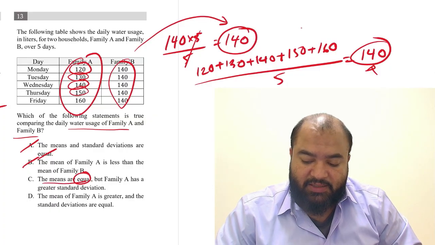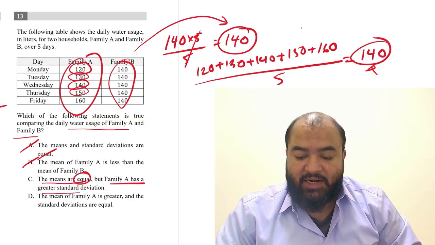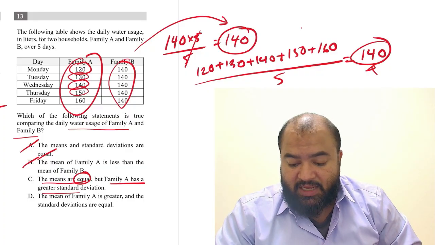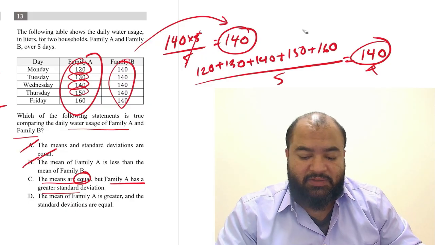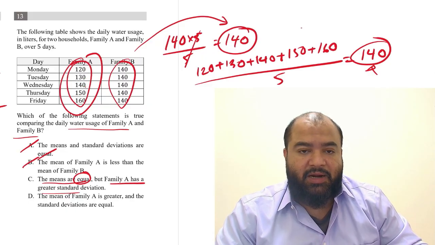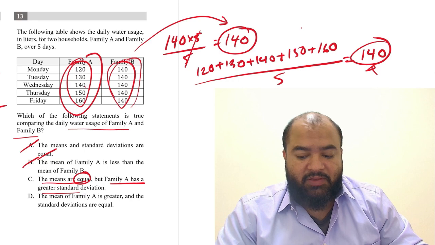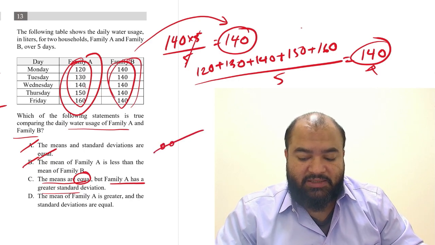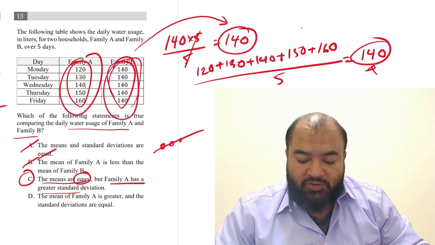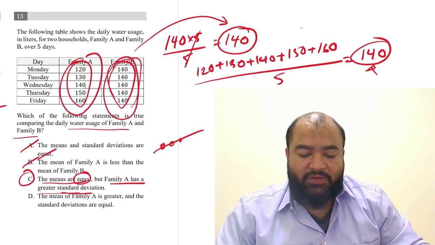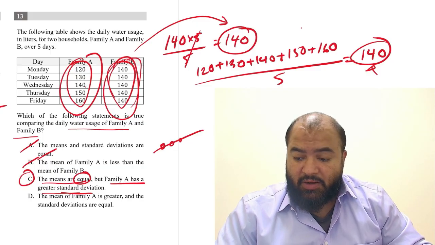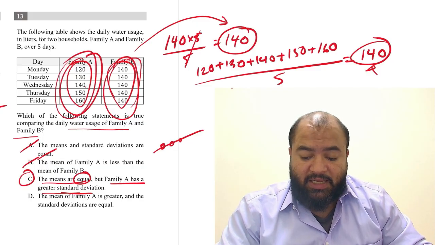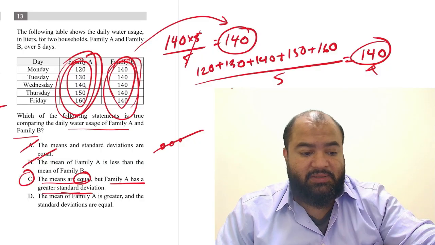But family A has a greater standard deviation, because family A's numbers are not as close to 140, but in family B, all the numbers are the mean. So this will be aligned very nicely in family B. So C is the answer: more standard deviation, farther away from the mean, for family A.